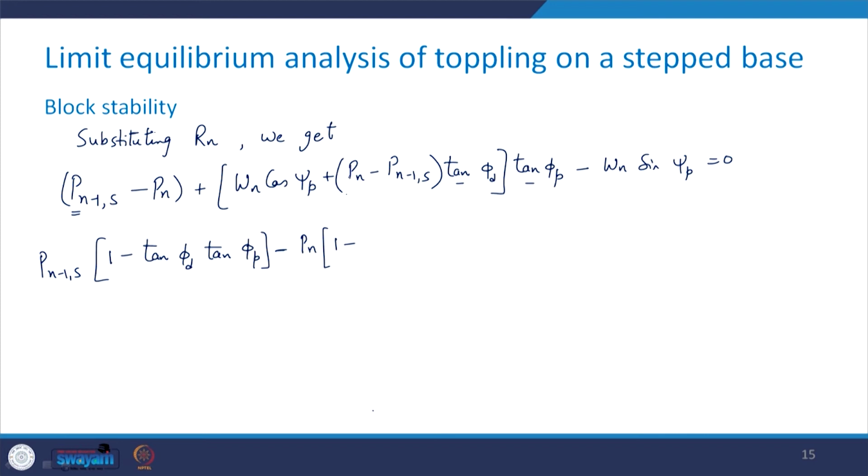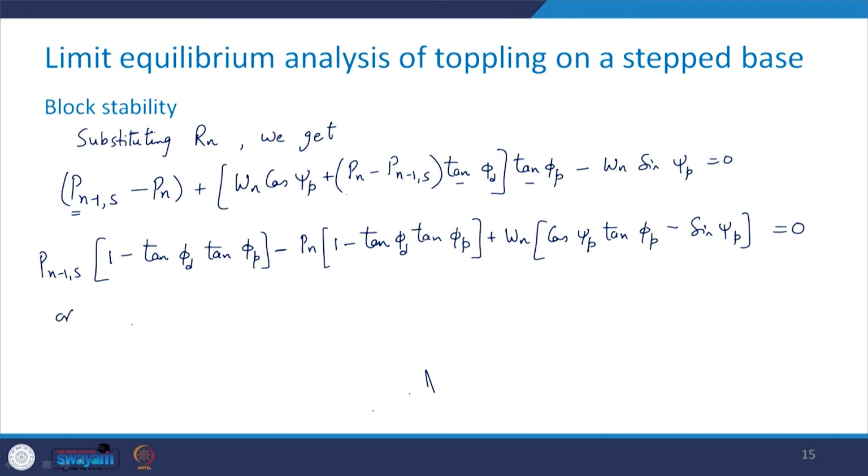So here this is with the positive sign, so this will become minus. This is going to be tan of phi d tan phi p, and plus I will have Wn as cos of psi p tan phi p minus sine of psi p. That is going to be equal to 0.